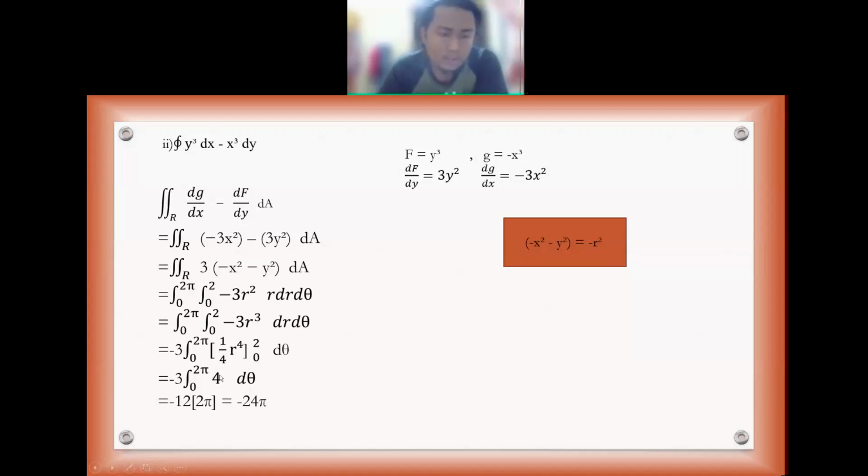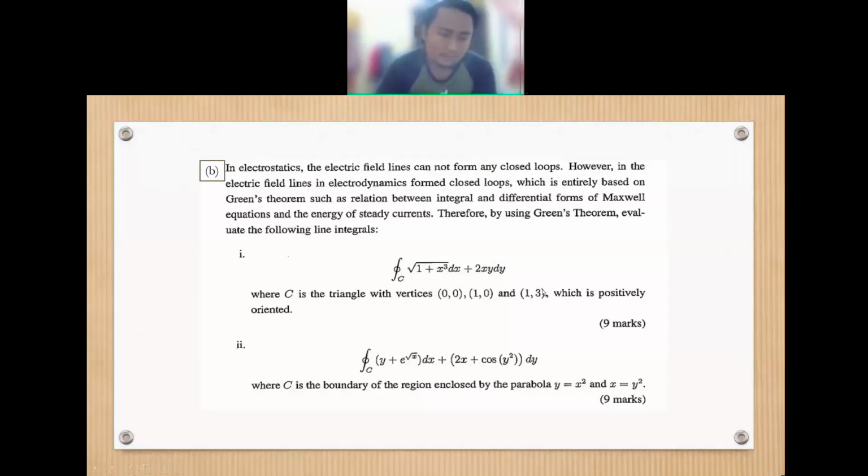So next we integrate dθ we got 2 pi. So we multiply negative 12 by 2 pi and we got the final answer is negative 24 pi. Okay, that's all for me. So Naim will continue with the next question. Thank you.